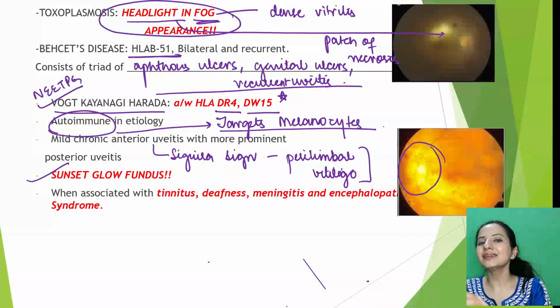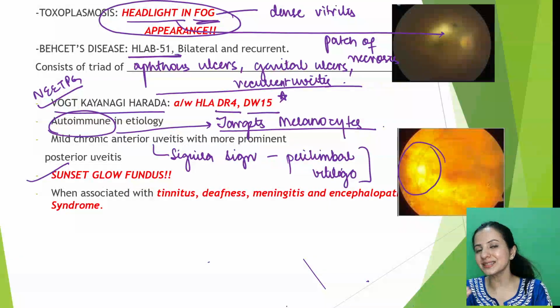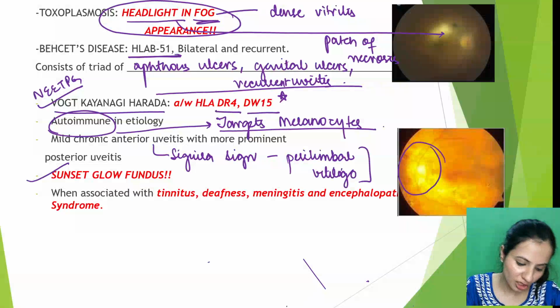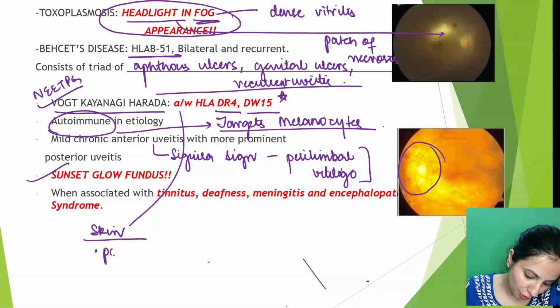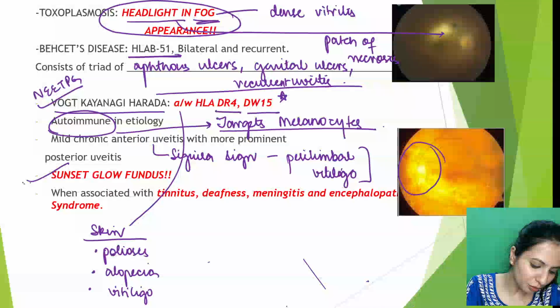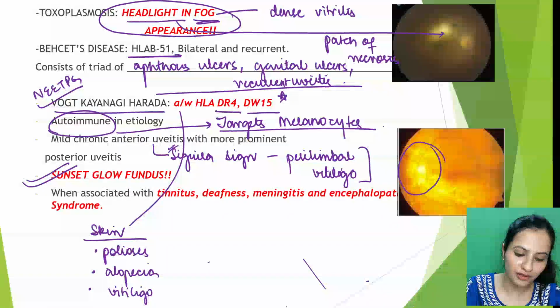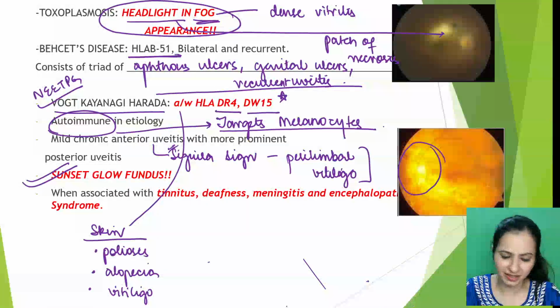And since it is a syndrome, what are the other associations? Primarily VKH involves your skin, so it leads to poliosis, alopecia and vitiligo. I may have told you, sunset glow fundus and Segura sign are very characteristic.